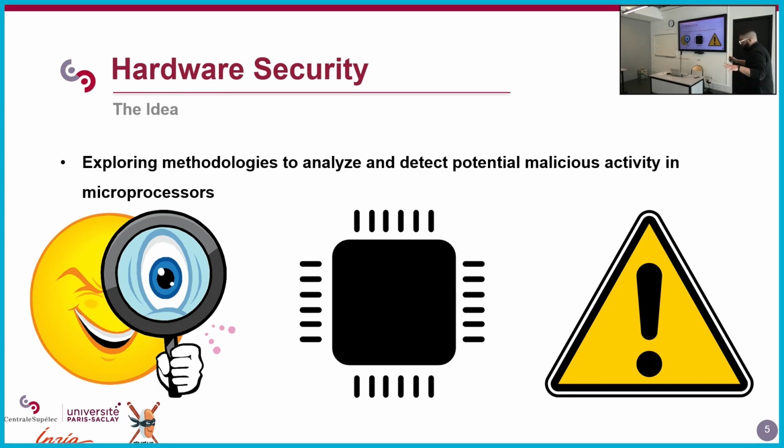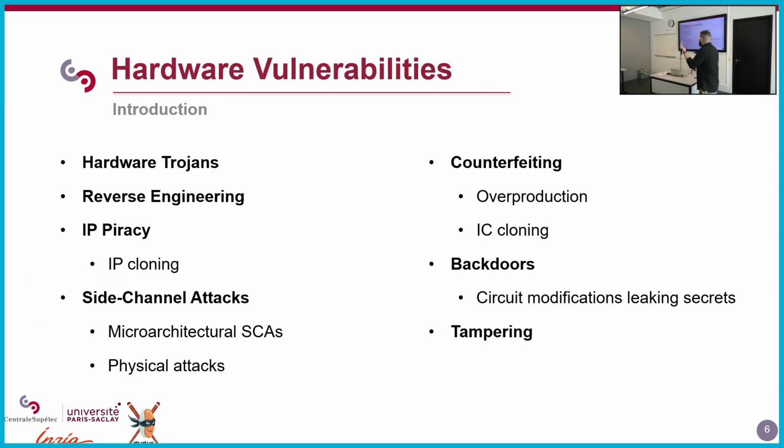So the idea is to explore some methodologies to analyze and detect potential malicious activity in microprocessor-based systems. From the high-level point of view, if we speak about hardware vulnerabilities, we have many of them: hardware Trojans, counterfeiting, backdoors, reverse engineering, IP piracy, and so on.